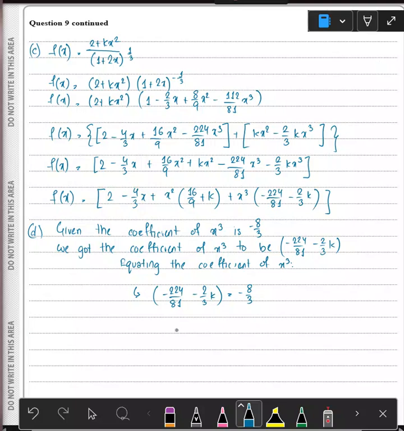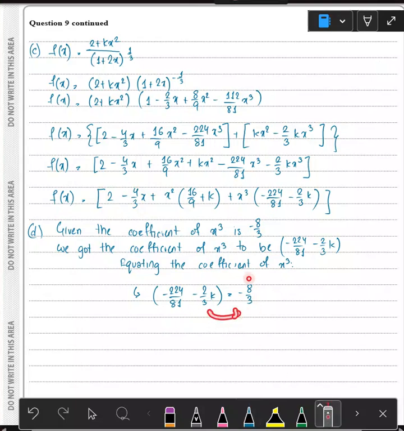Now, if I take the negative 2 by 3k to this side and bring the negative 8 by 3 to the left hand side, then this would be just negative 24 by 81 plus 8 by 3 is equivalent to 2 by 3k.